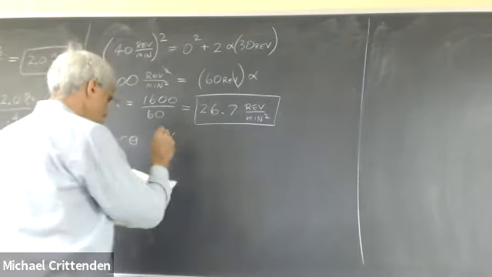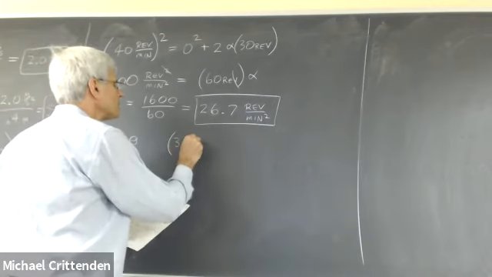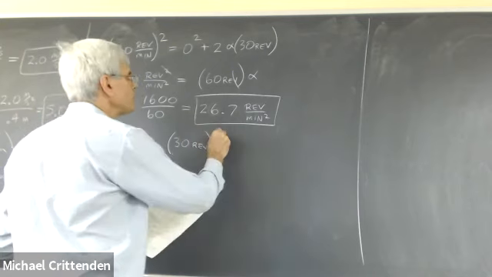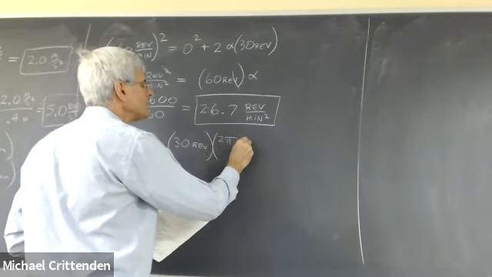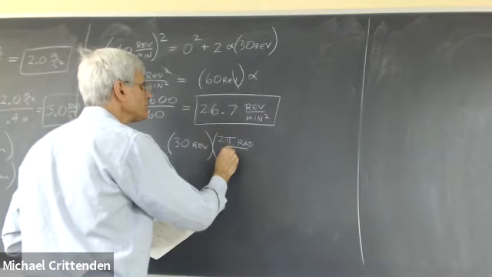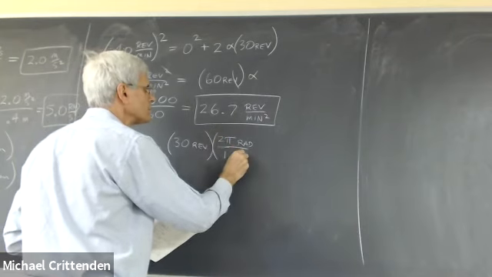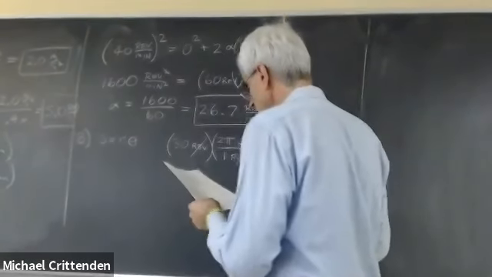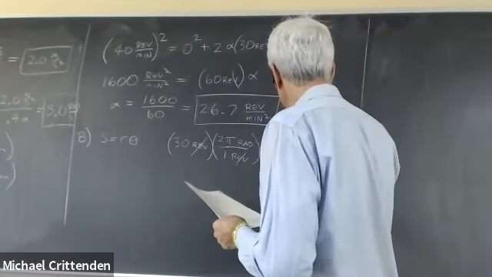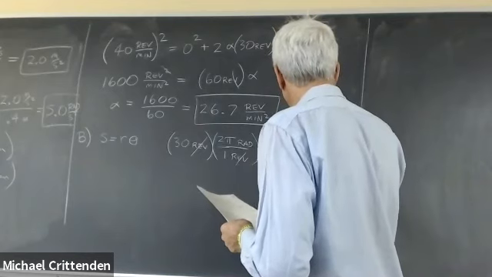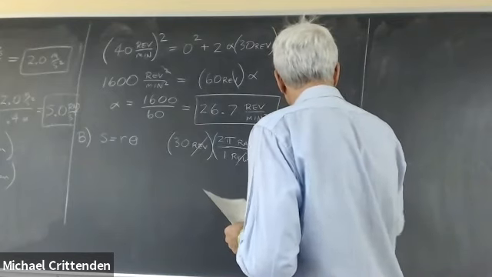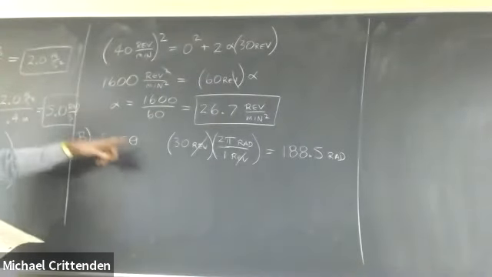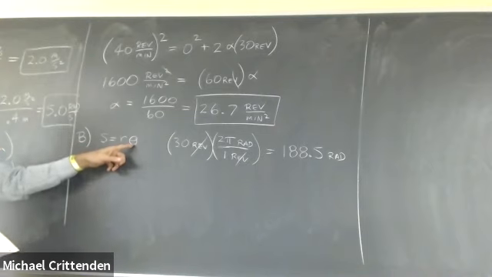So 30 revolutions times 2 pi radians per revolution. It's about 188.5 radians. That's what you have to put in for theta.